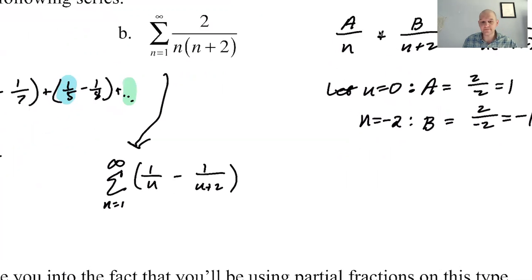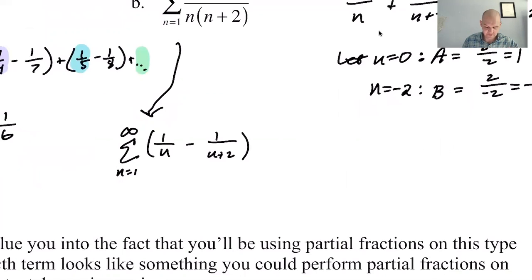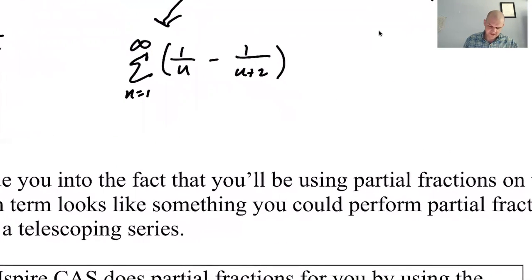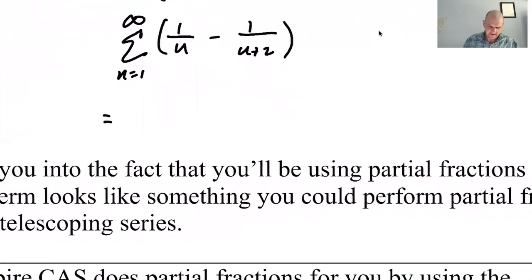They're 2 apart, so I'm expecting there to be 2 terms left over at the end, which is convenient to know going into it. If we had gotten 1 over n plus 1 over n plus 2, it's just going to diverge. You're just adding stuff over time.